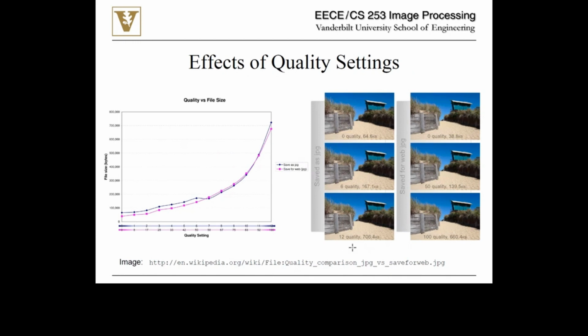And okay, so let's see what is the size that you can get, and what is the quality that you can get, with some examples. We don't have the size of these images, but let's say a typical one.